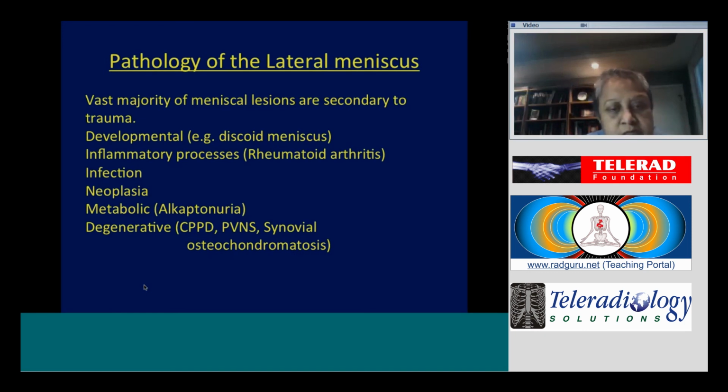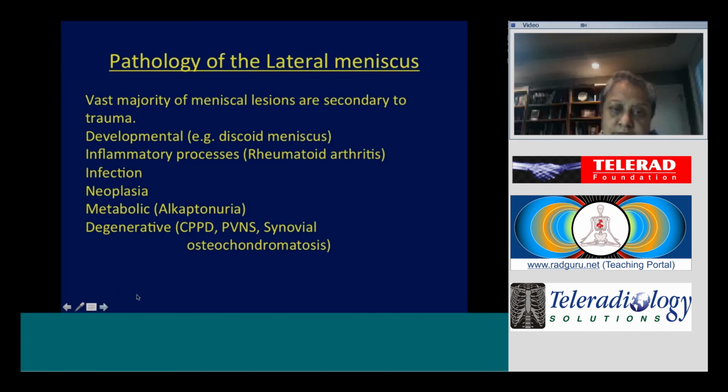It is important to remember that by virtue of the fact that there is not much vascularity in the menisci, they are less prone to these disease processes which may affect the synovial tissues or other tissues such as the articular cartilages of the component bones. It doesn't mean they will never be afflicted, but when they do get involved, it's later on in the disease process than earlier on. This applies to all the other pathologic entities other than trauma.